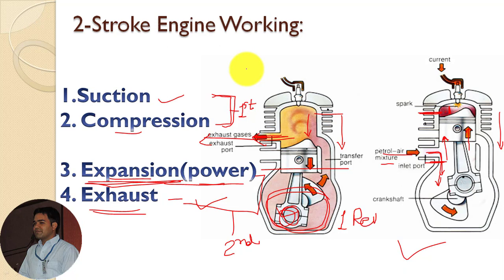That means in case of our two-stroke engine, one power stroke is generated at every revolution of the crankshaft. Compared to the four-stroke engine, in case of a four-stroke engine, one power stroke is generated at every two revolutions of the crankshaft. This is the major difference between the four-stroke and the two-stroke engine.